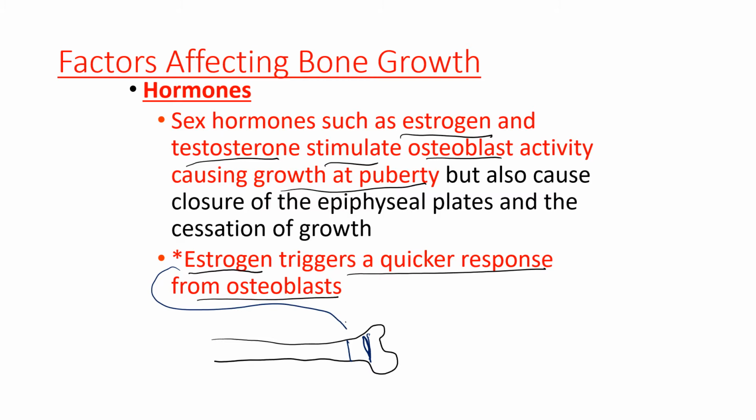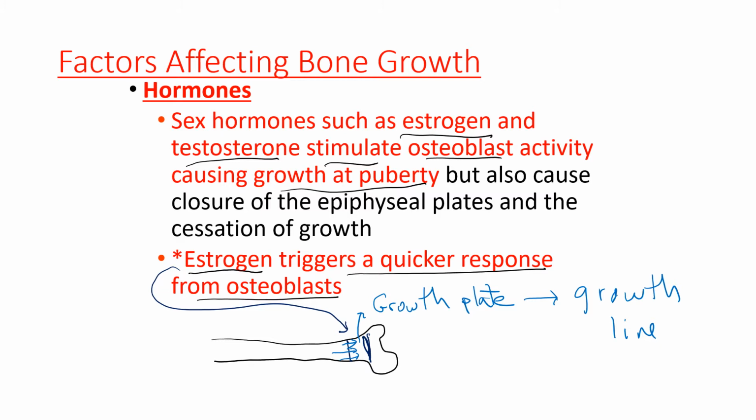Estrogen has a greater effect on osteoblasts. Osteoblasts will then begin to convert the cartilage in the growth plate into bone tissue, making the growth plate disappear and be converted into the growth line or epiphyseal line.